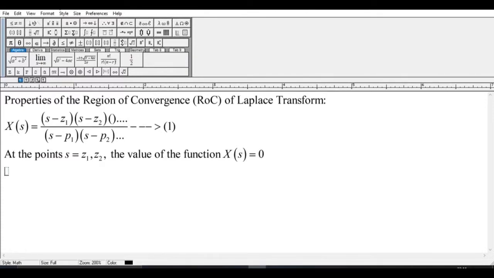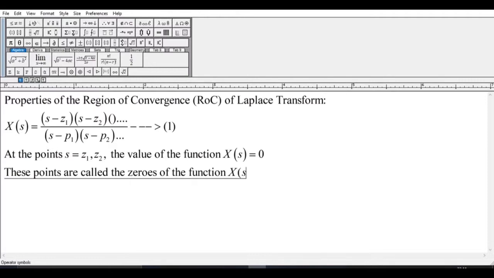Similarly, if you look at s equal to p1 or s equal to p2, then at this point, the value of the function is infinite. These are called poles of the function.